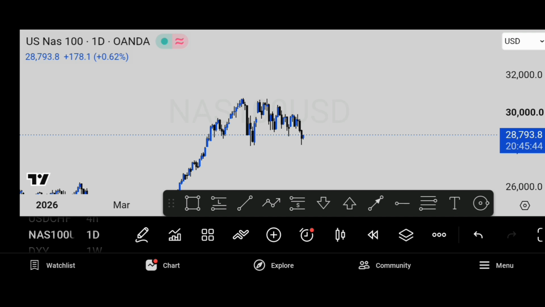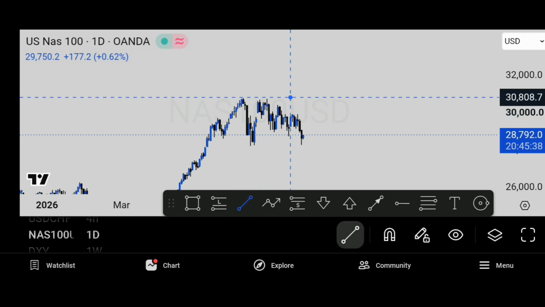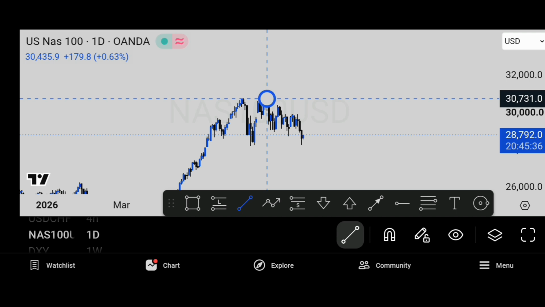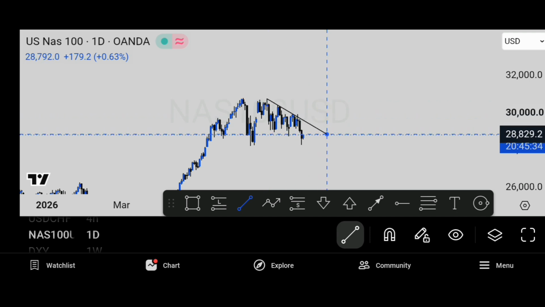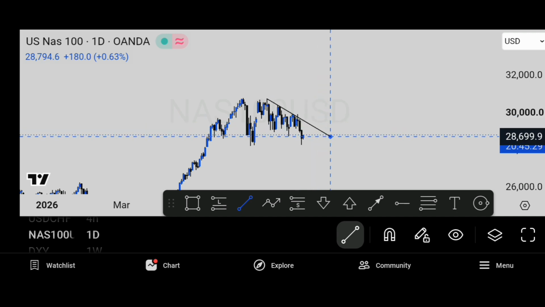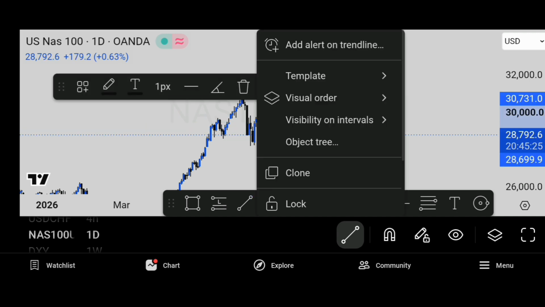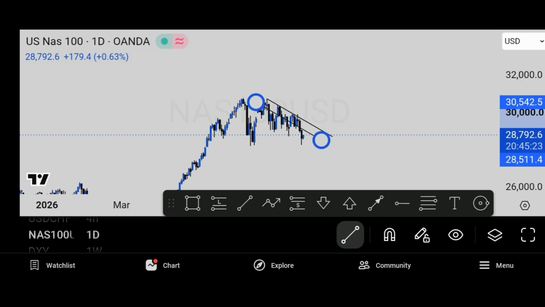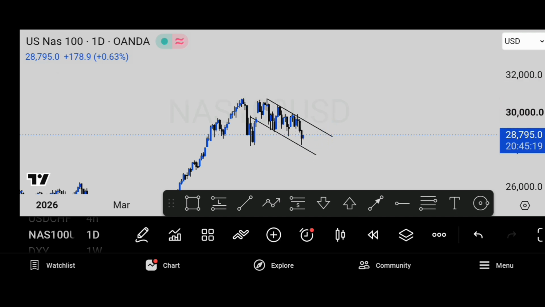Okay, so I started on the daily time frame, and then I saw that we're actually in a downtrend, right? Like I've been saying. So we only had the first touch and the second touch of the trend line. It's crazy how the setup is very straightforward, very simple, you know.